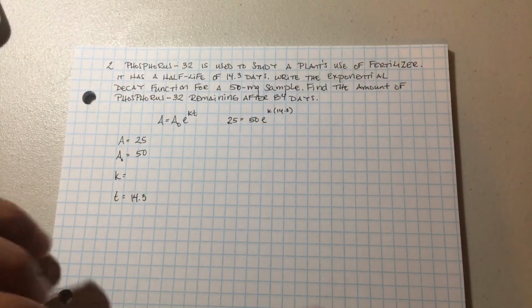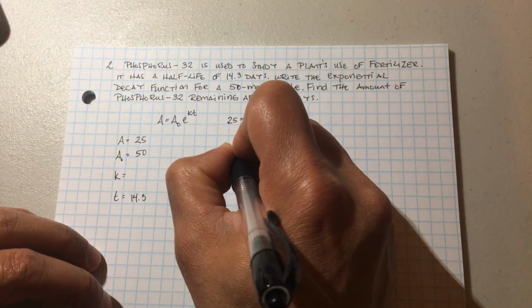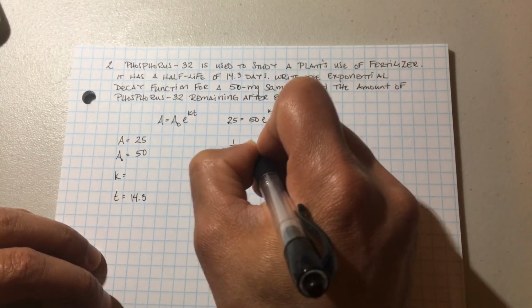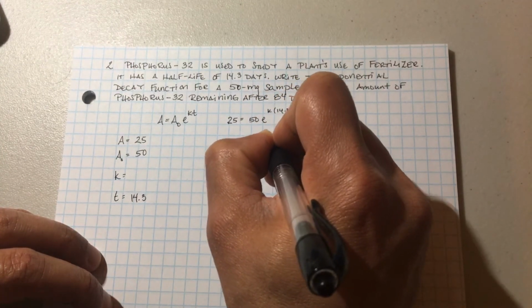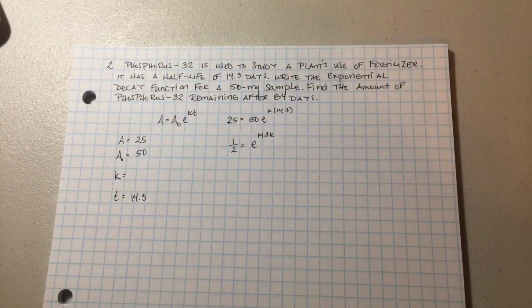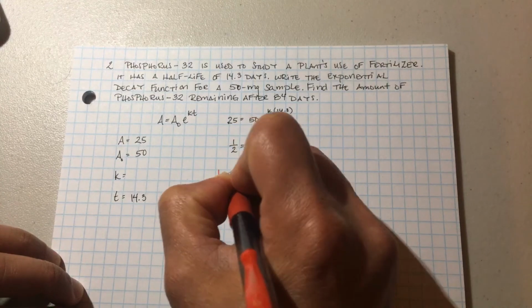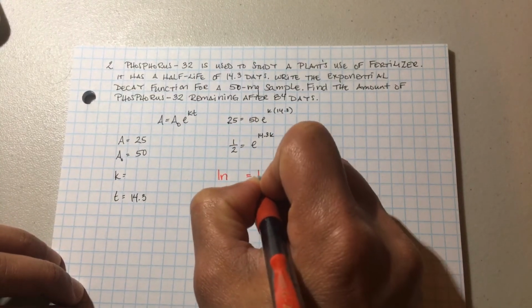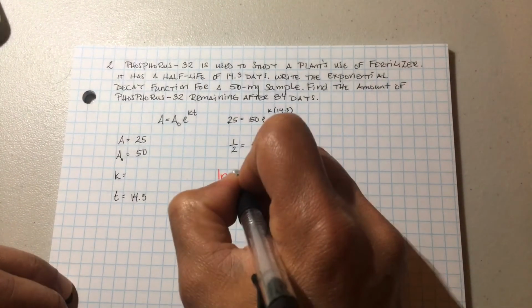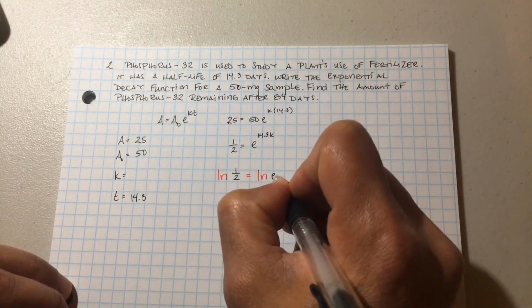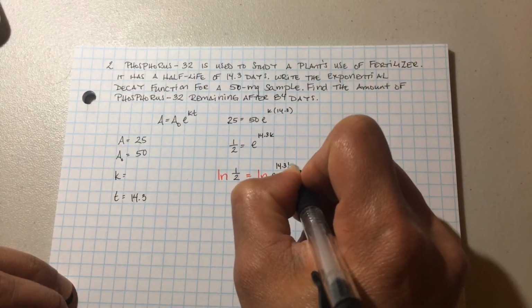Same thing that we did with the previous example. We're going to divide, and it's going to give us 1/2 equals e to the 14.3k. What do I do now? Well, property of logarithms, bring this guy down. So I'm going to take the natural log on both sides. Okay, ln of 1/2 equals ln of e to the 14.3k.